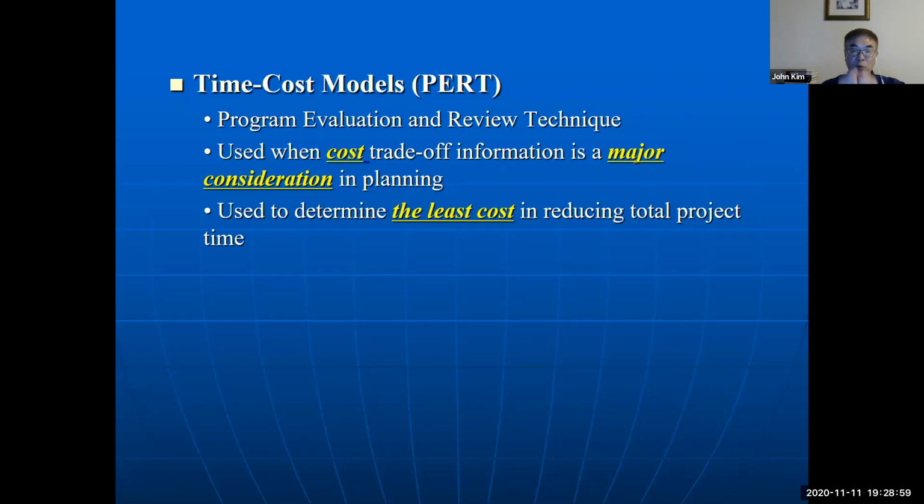So using more resources, if we can reduce the time, the cost is high and the time is low. So we find the least cost and least completion time using this time-cost model.